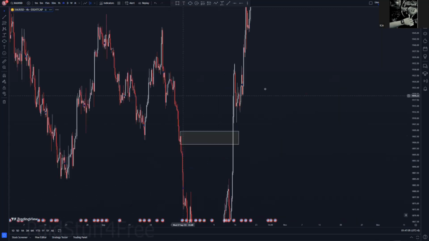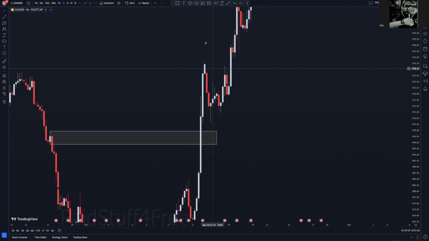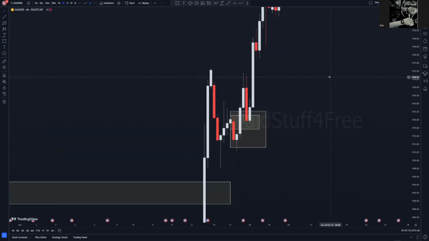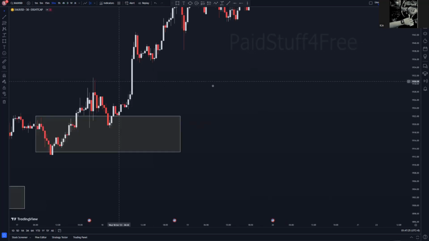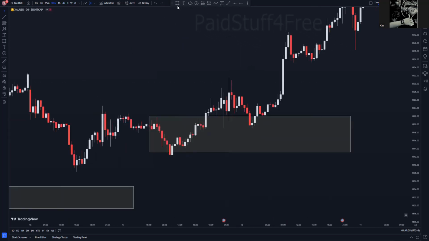Look over here. Why did the price respect this engulfing buy? If you want to mark it like this EG buy, there is no problem with that. When the price gets into this engulfing buy and we zoom into the M30, look over here, the price created this EG buy.